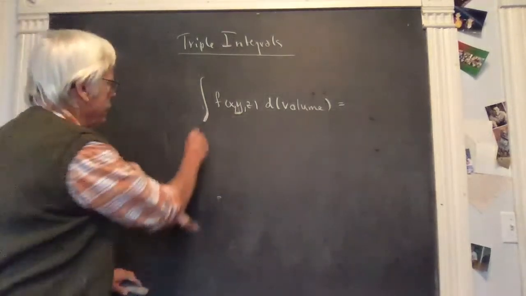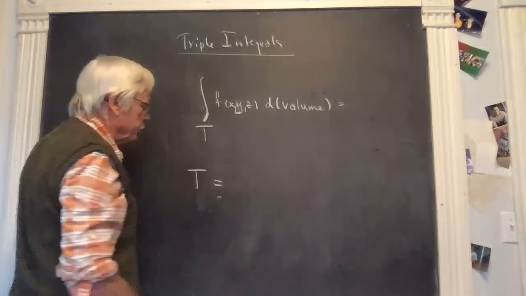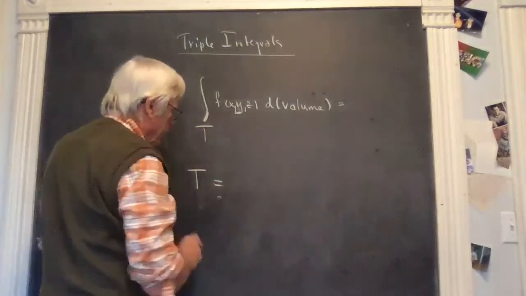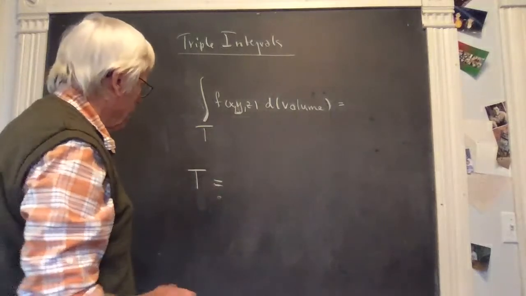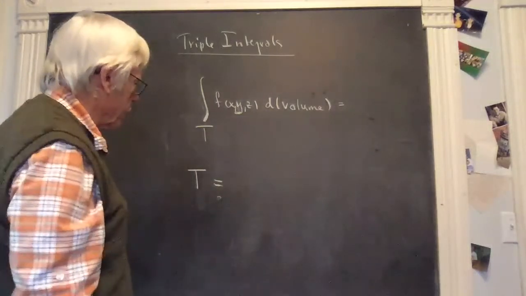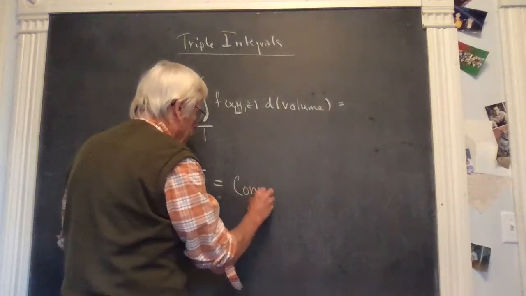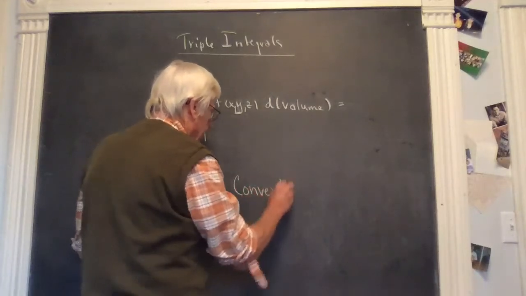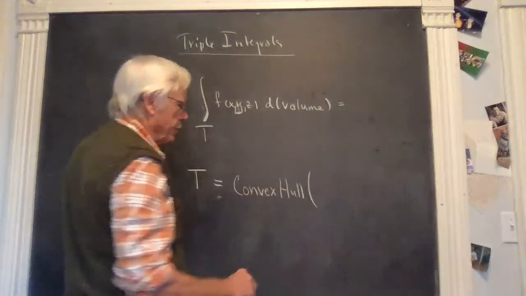I'll call that T, and T is equal to, the same word is used in analysis as in linear algebra, span, but we don't want to use the span. We want to use the convex hull. I'll tell you what this means in a minute.